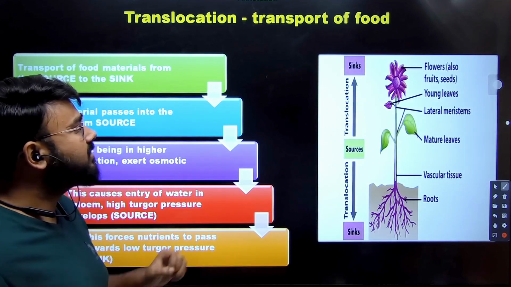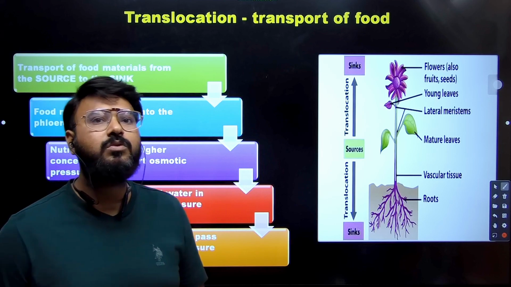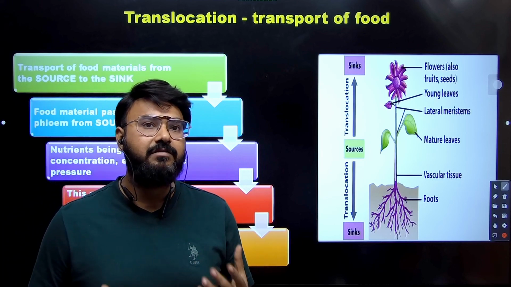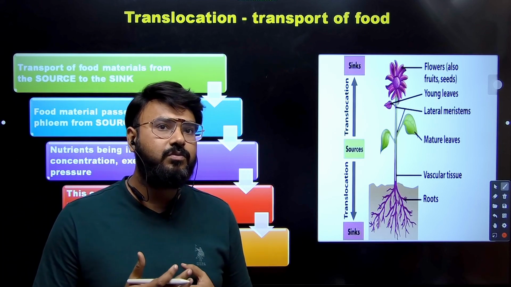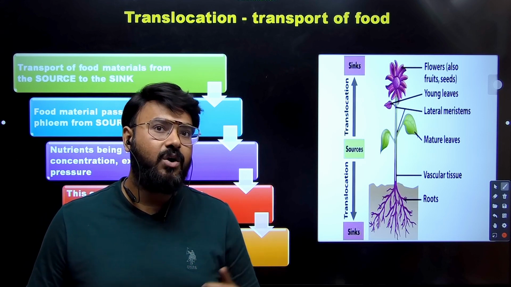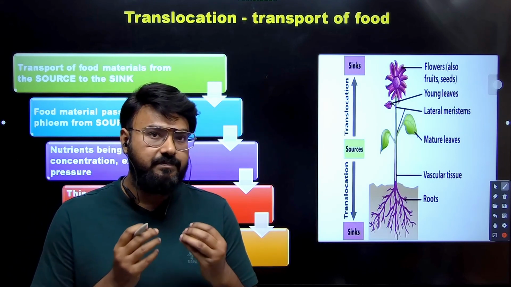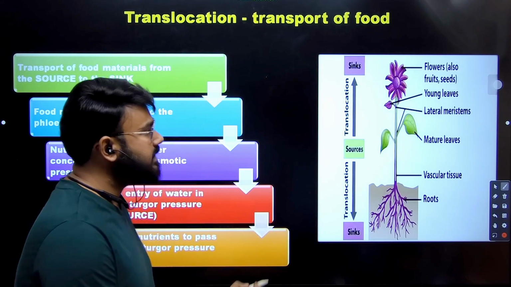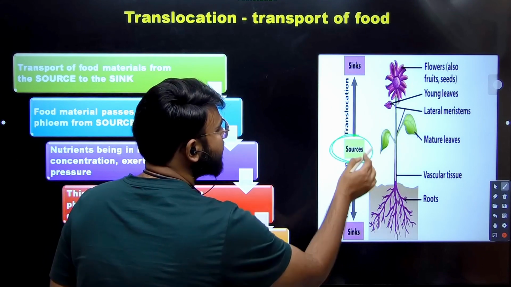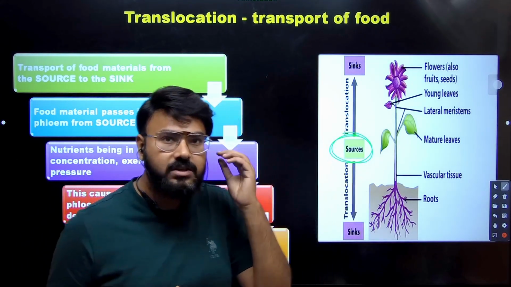Remember, first of all, translocation, or the transport of food by the phloem, is the transport of food or nutrients from the area of synthesis to the area of utilization. The area of synthesis or storage, where the food is synthesized or stored, we call the source.